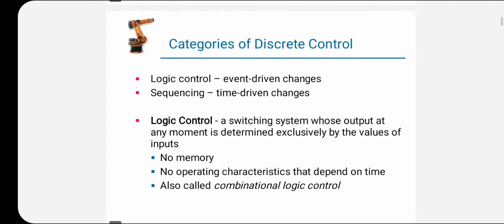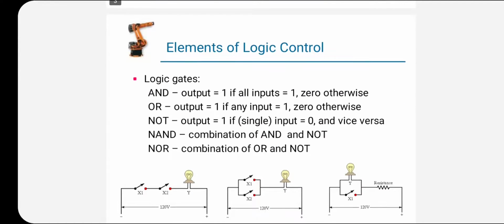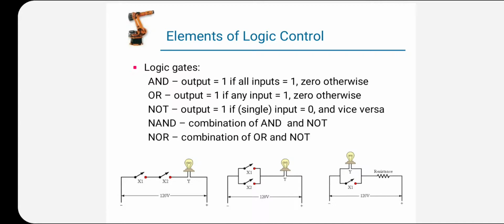Here logic gates are used. All of you know what a logic gate is in electronics. In the basic electrical and electronics subject you might have studied different logic gates: AND gate, OR gate, NOT gate, NAND gate, NOR gate. AND means output is 1 if all inputs are 1, otherwise 0.